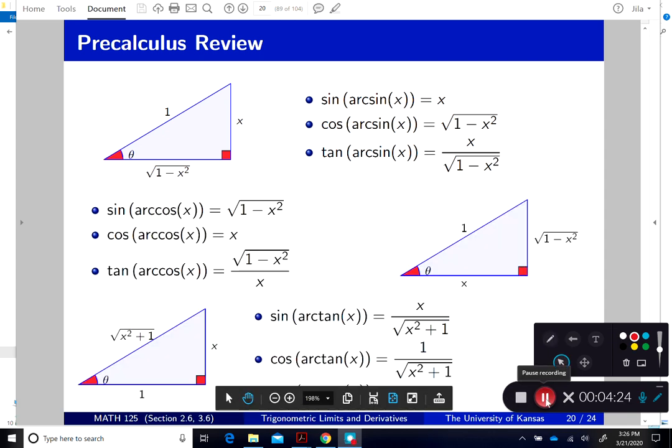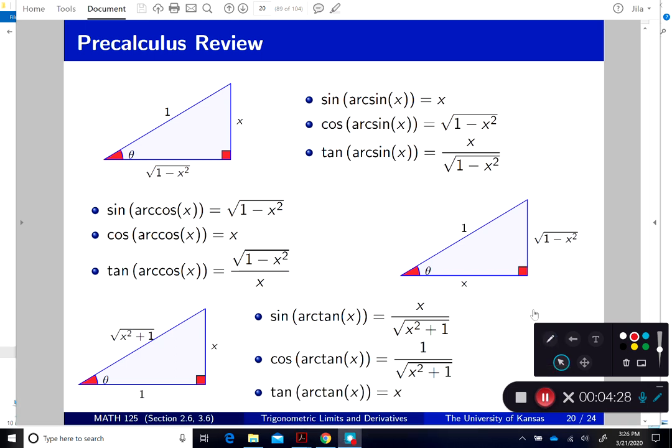The same thing happens when you have arccosine. You start by finding the triangle that arccosine works well with. Arccosine gives an angle, that's theta right here, whose cosine is x. So cosine of theta should be x, so the adjacent divided by hypotenuse should be x.